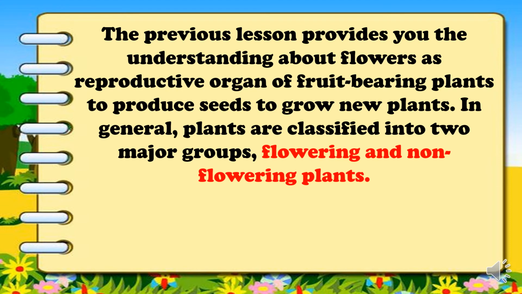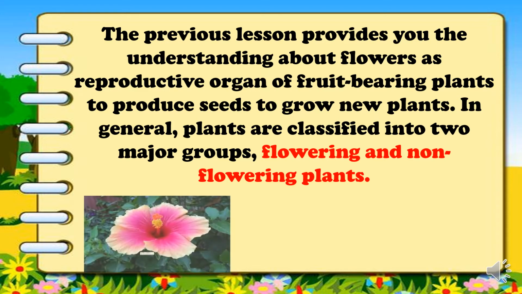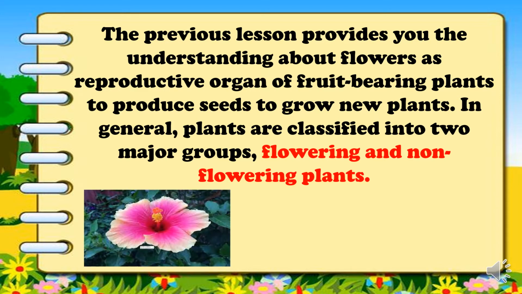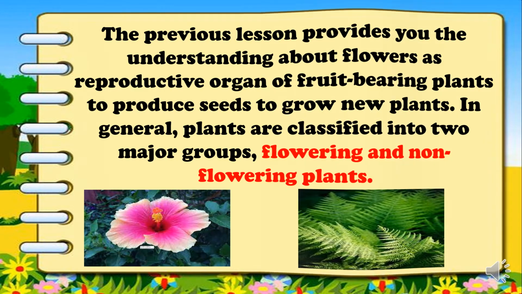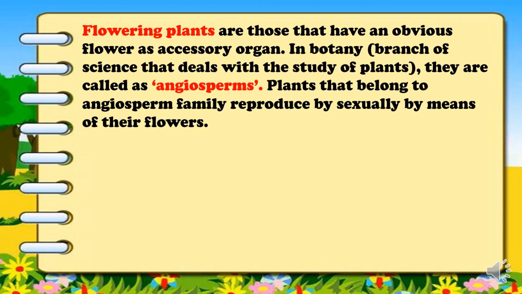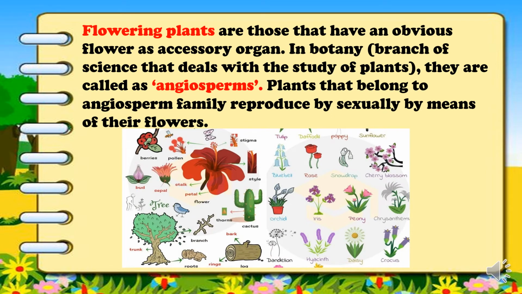The previous lesson provided you the understanding about flowers as reproductive organs of fruit-bearing plants to produce seeds to grow new plants. In general, plants are classified into two major groups, the flowering and the non-flowering plants. Flowering plants are those that have an obvious flower as accessory organ.